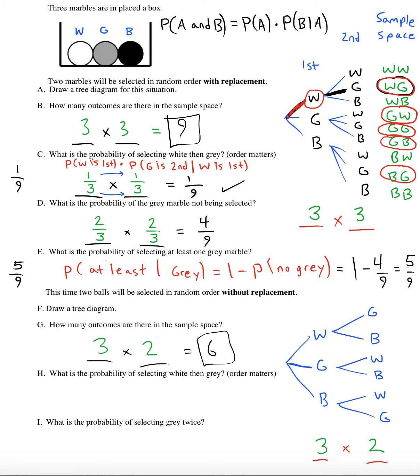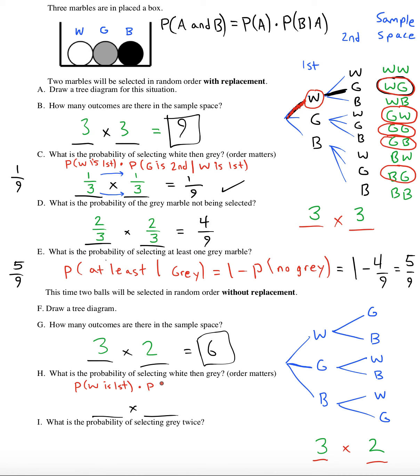What's the probability of selecting white then gray now? Okay. I'm going to put 2 blanks down for my probabilities. First, we'll have to state the probability that white is first.